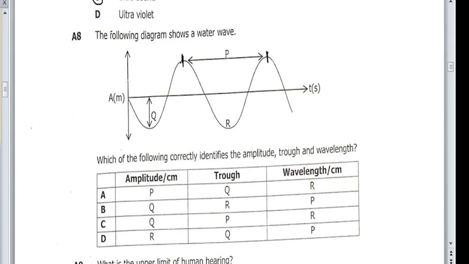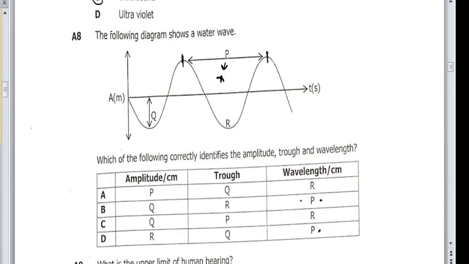The distance between two successive crests is called the wavelength. So P is the wavelength, given by lambda. So the answer can either be B or D.